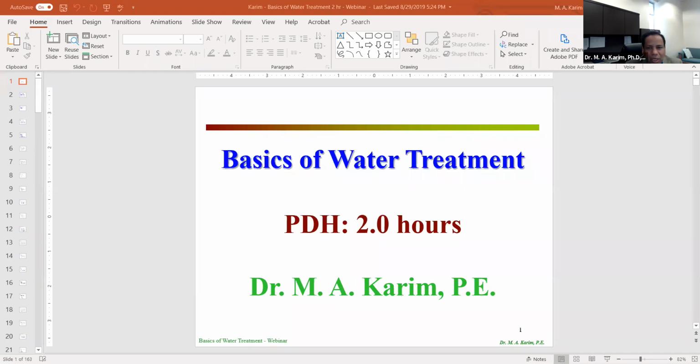So here are the learning outcomes from this topic today. A participant will be able to explain the water chemistry. That means definitely chemistry is involved in the water treatment process. We'll have to know the chemistry, chemical equations and other things, how the reaction happens.